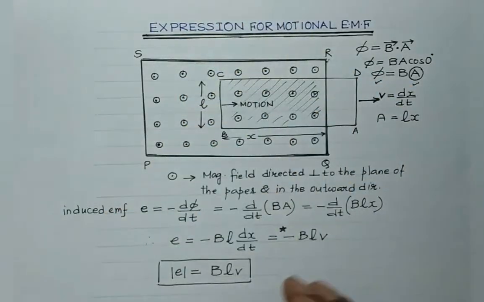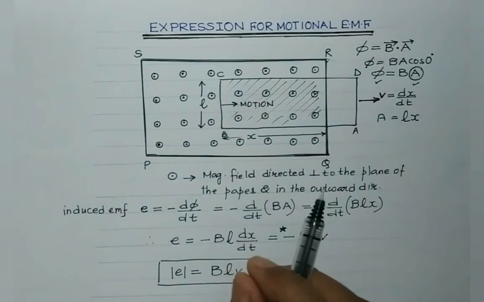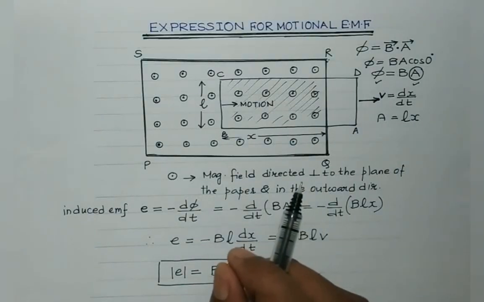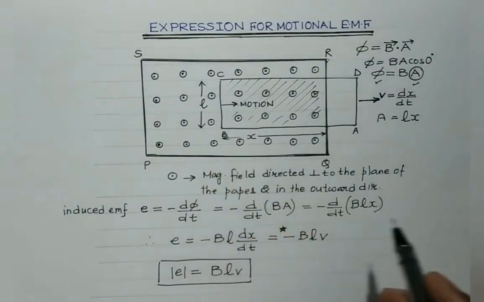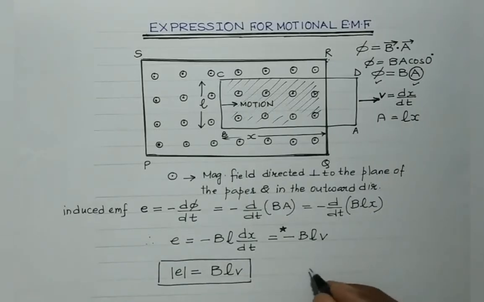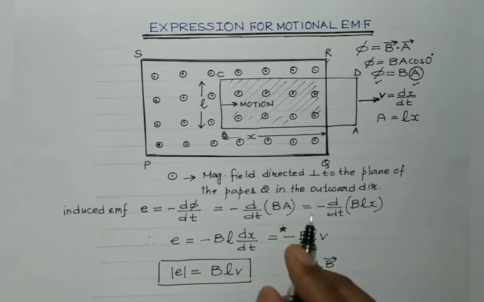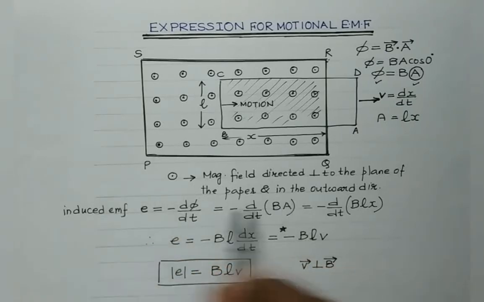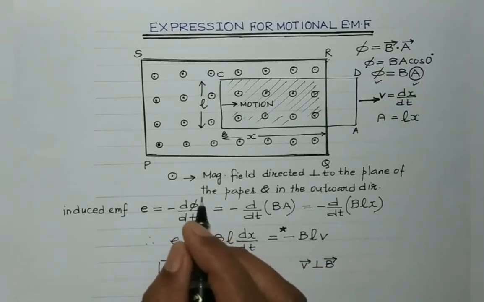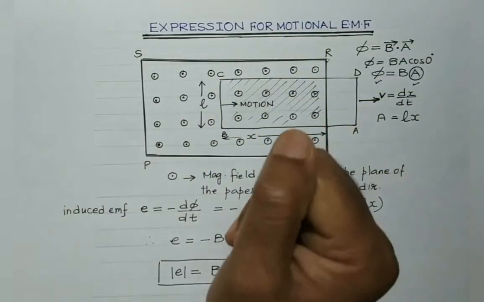Now we are already aware, whenever there is a case of motion of a conductor under the influence of perpendicular magnetic field, here obviously V is perpendicular to the magnetic field. In such a case, the direction of the induced current can be obtained by using Fleming's right hand rule, right? This is my right hand.